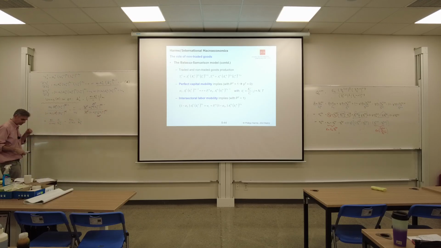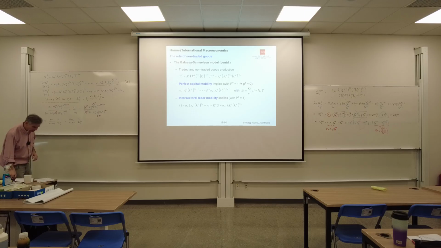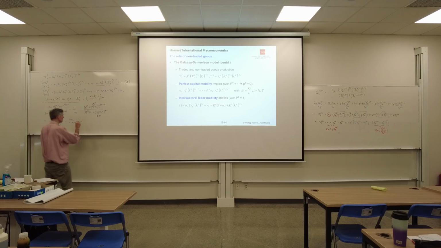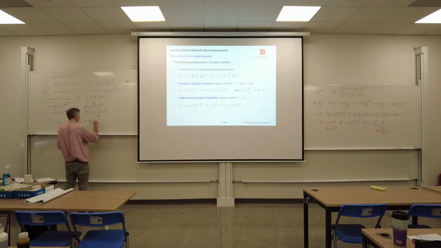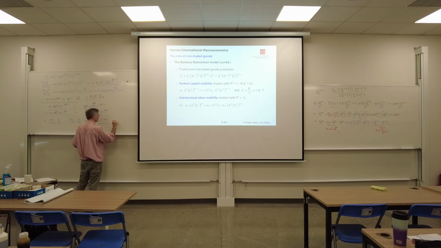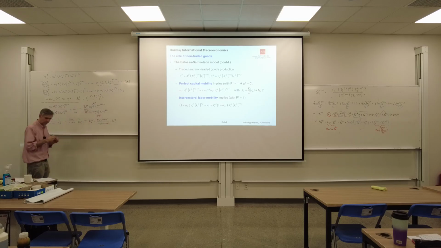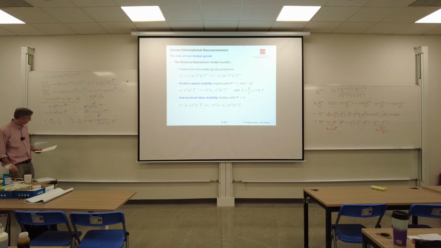Okay, so that implies that KTN equals alpha n 1 minus alpha T over 1 minus alpha n alpha T times KTT. Let me check my notes just to make sure I'm not messing things up.